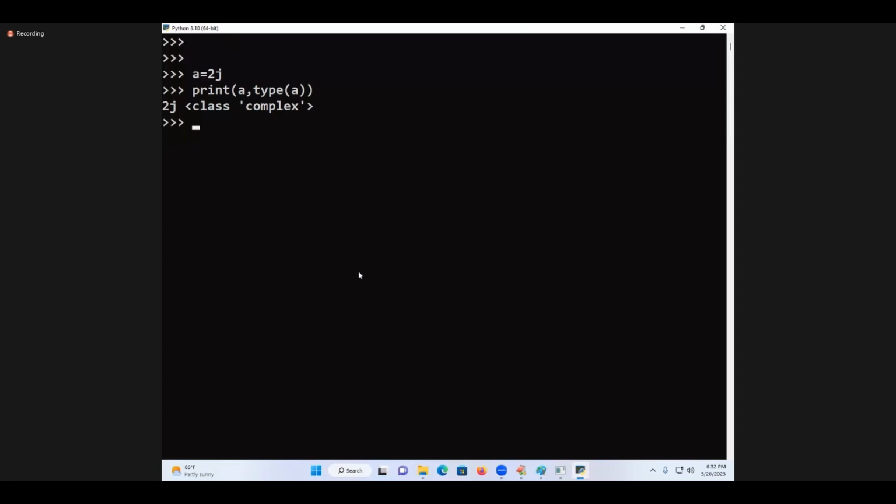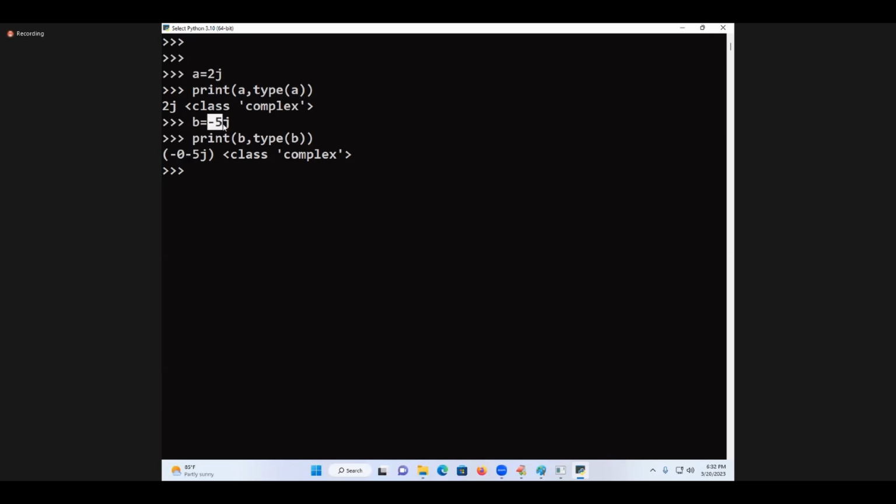Okay now, B is equal to minus 5j. Print of B, students, is also called what? Complex. When you write minus 5j, it is writing minus 0 before and nothing else inside. Don't raise the doubt why minus 0 is coming, because they designed it.